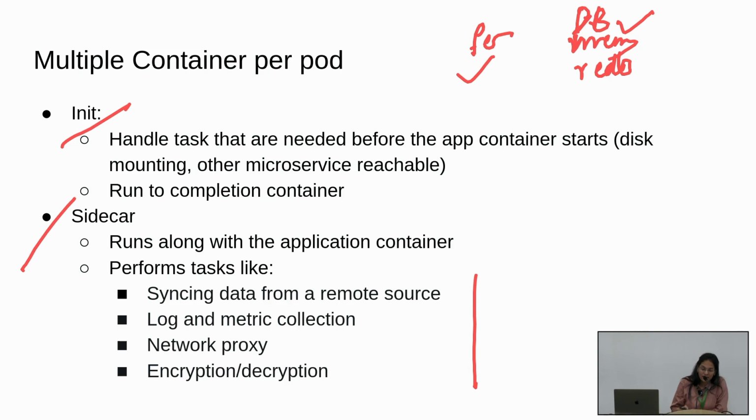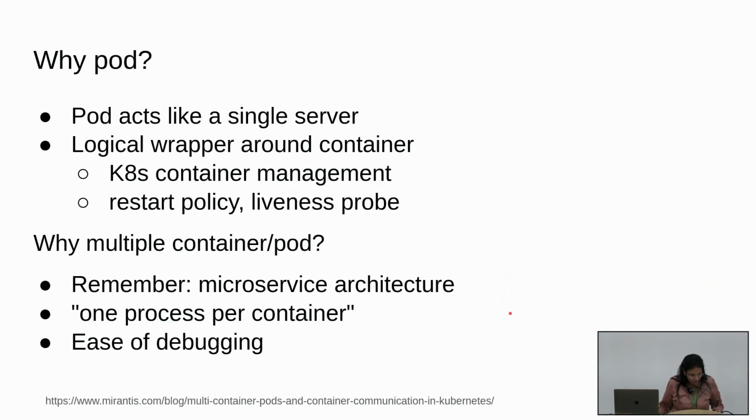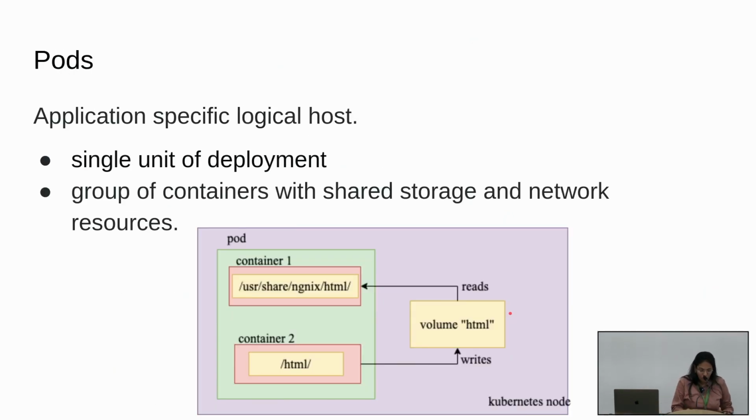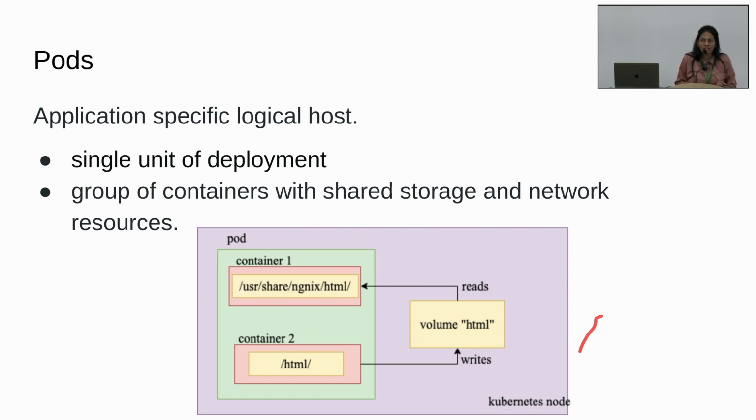You can run that as a sidecar because when you have a pod, right? So go back to the figure. When you have a pod, the containers running inside the pod actually share resources. You can assume this as a single machine, a unit machine that's running. So these containers can access each other locally.